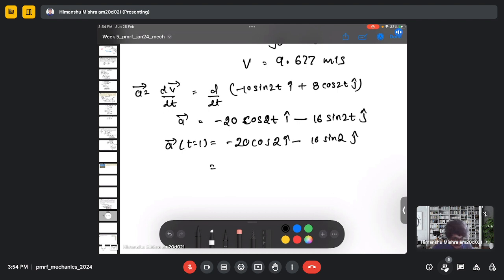So here we will get 8.32 i minus 14.54 j cap. This is my acceleration vector at time t equals 1.